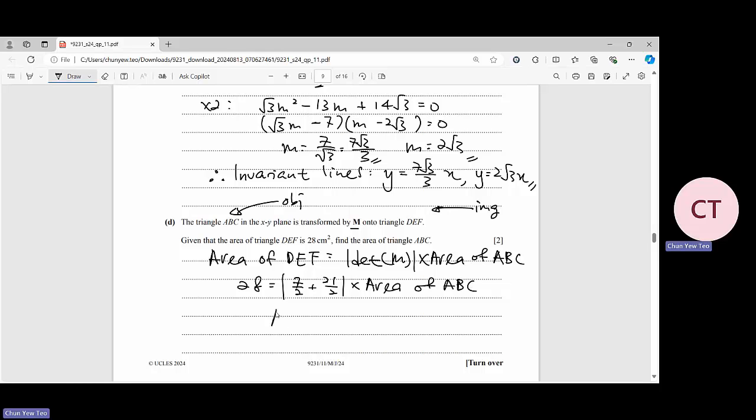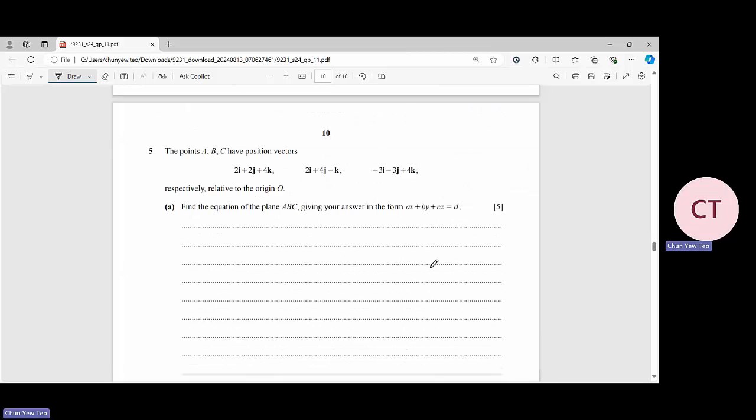So therefore your area of ABC is equal to 28 divided by 14, which is equal to 2 cm squared. Done. That will be the answer for the number 4D. And moving on, we have number 5.